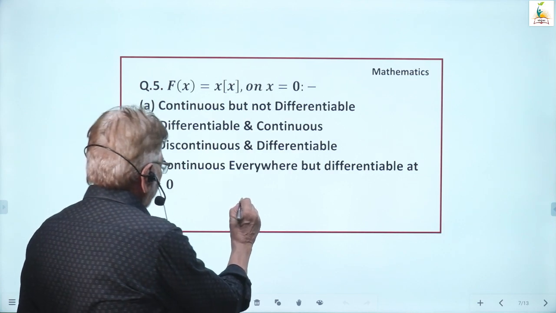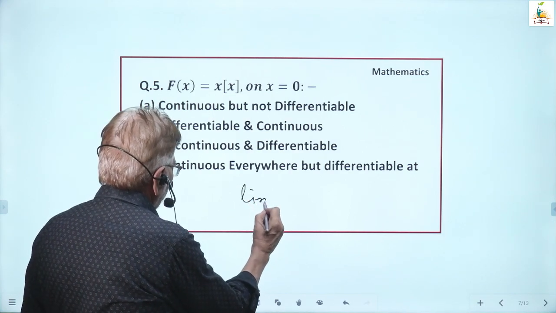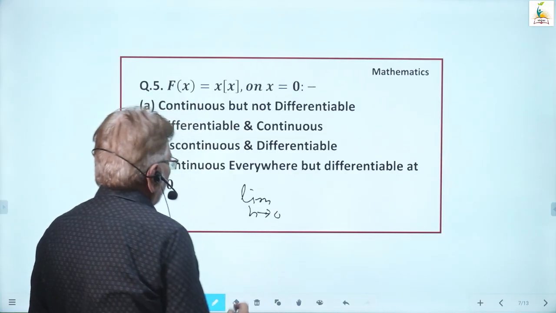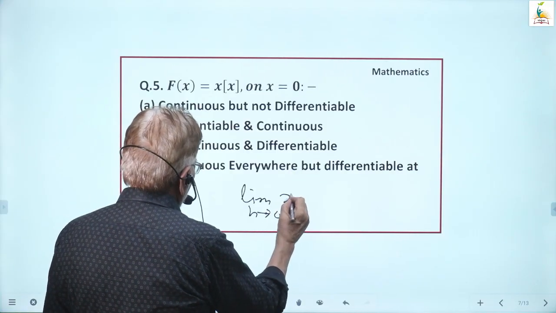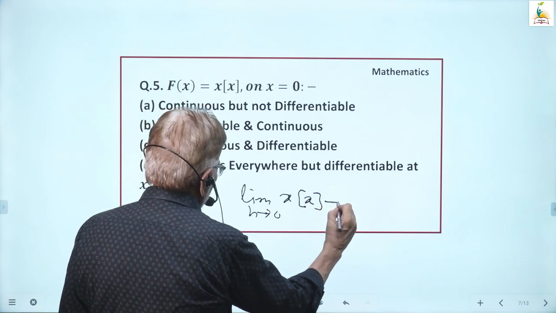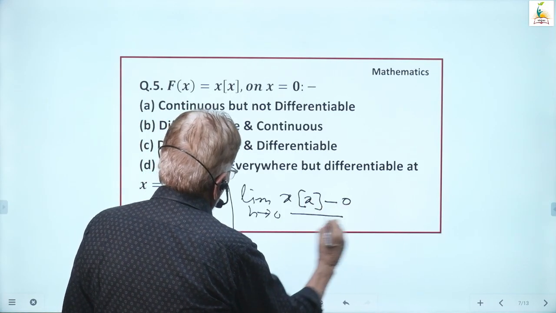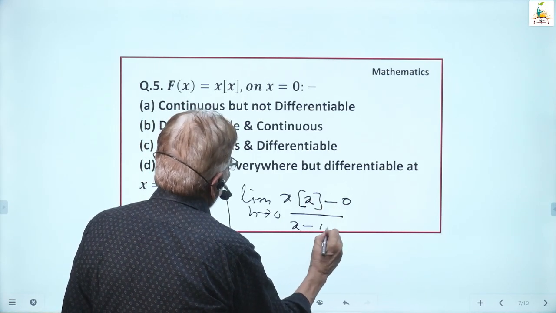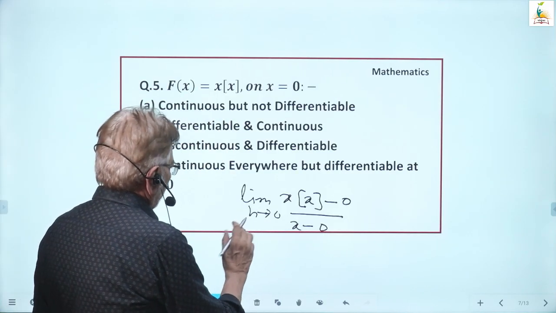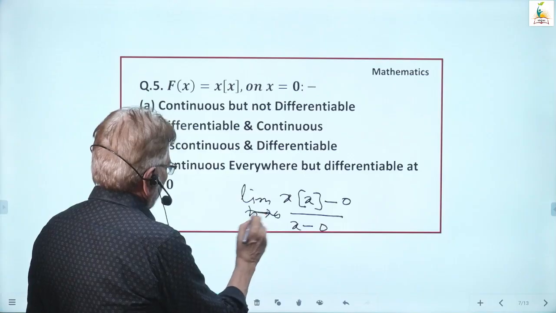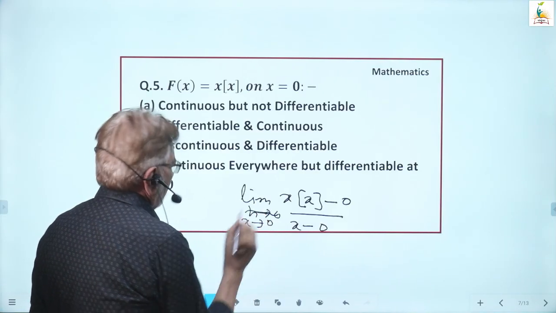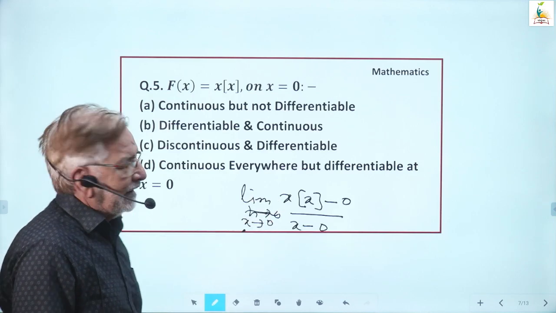Limit x tends to 0, (x times greatest integer x minus f(0)) upon (x minus 0). x and x will get cancelled.